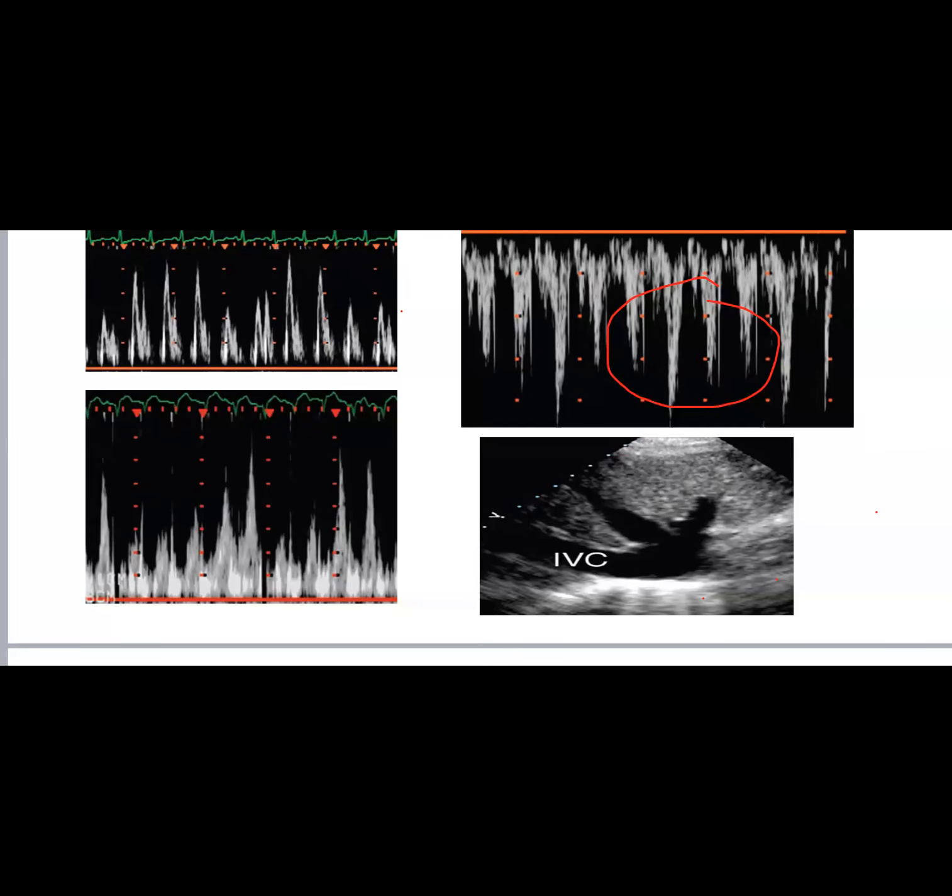So you look here now. Also a decrease in mitral Doppler flow velocity by more than 40% during inspiration.